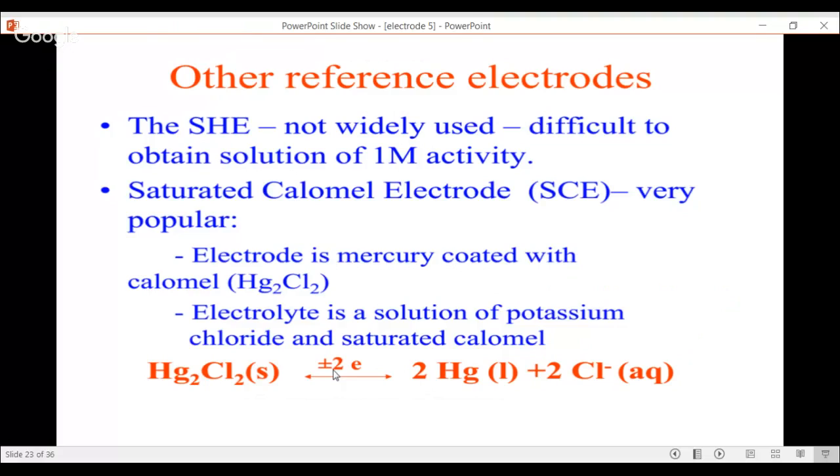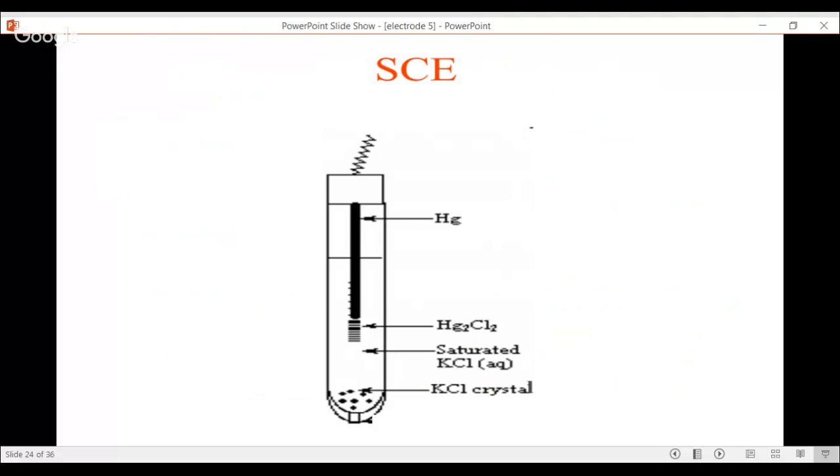We will have opportunities to talk about all those electrochemical reactions a little later. Okay, we will see them later. So this is how the calomel electrode is constructed. Saturated calomel electrode, SCE. This is mercury. Here we are having a coating of mercurous chloride, Hg2Cl2.